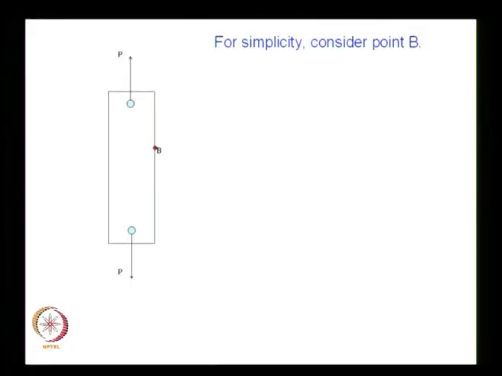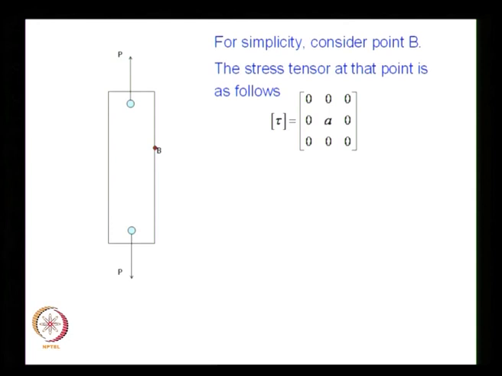What we will do is take the stress tensor at the point, and that is given like this, because I have the y direction on this. If I know the cross section, I can find out the stresses, and it turns out to be some magnitude A. So, the stress tensor for this problem is given in this fashion.